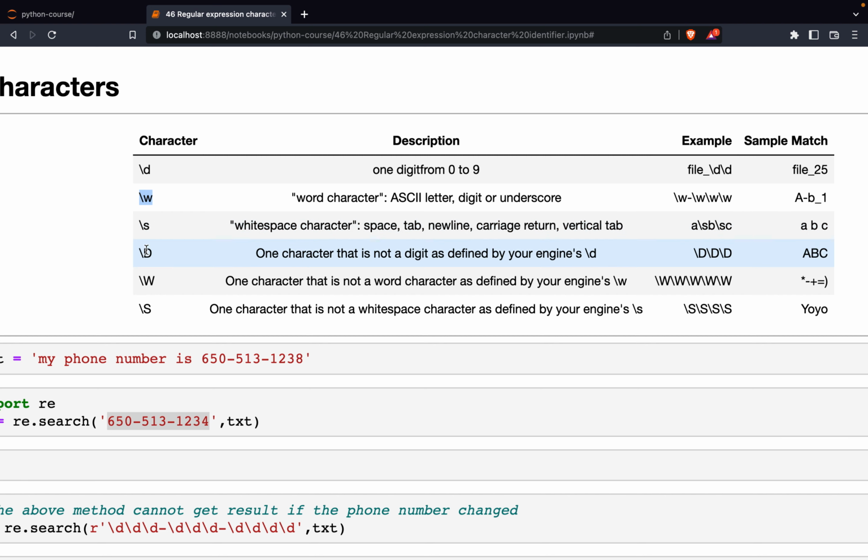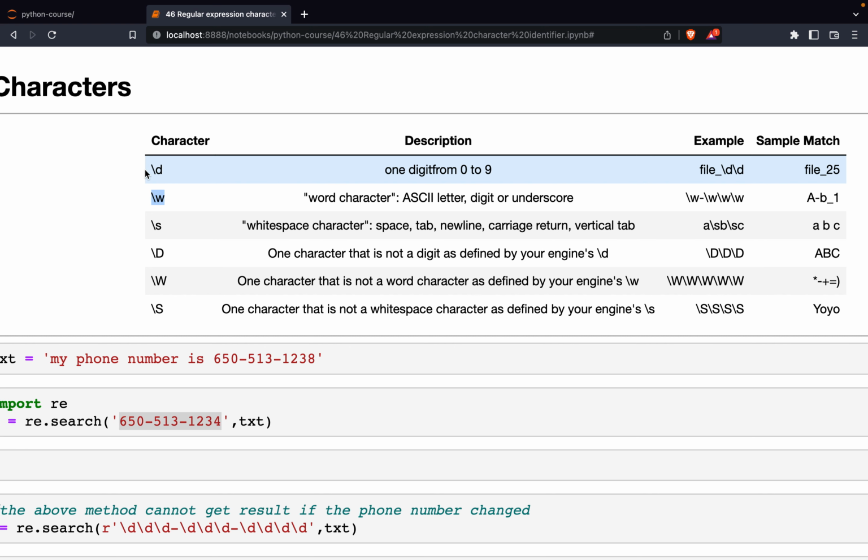And the capitalized \D, \W and \S are actually the opposite of the lowercase ones, because if \d is a digit, then \D is one character that is not a digit. So this cannot be a number.